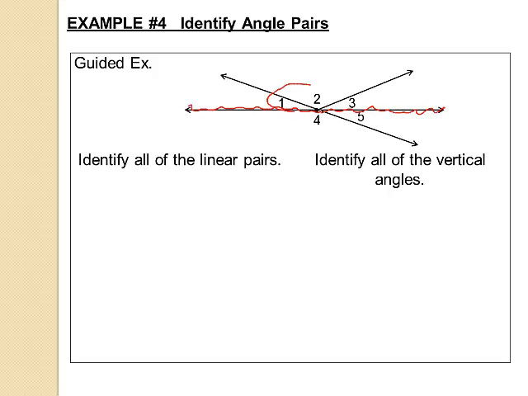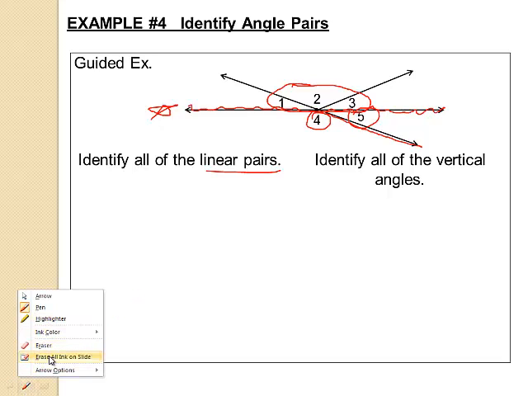If I look at the top here, I have three angles that make a line. Absolutely, but I'm asking for linear pairs. Pairs meaning two. So it can't be angles 1 and 2 and 3. What it can be is angles 4 and 5, because again you have this line here and then a ray that's coming out from here. So angle 4 and angle 5 would form a linear pair.